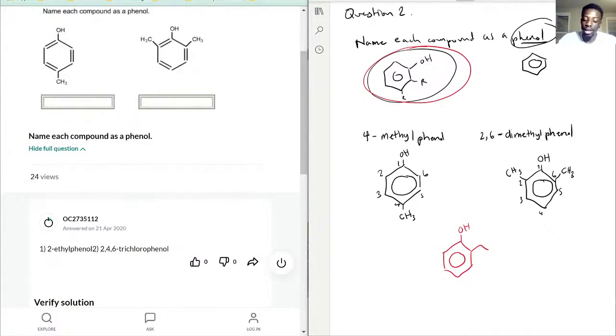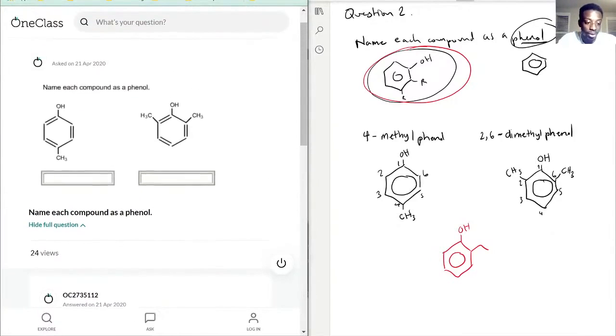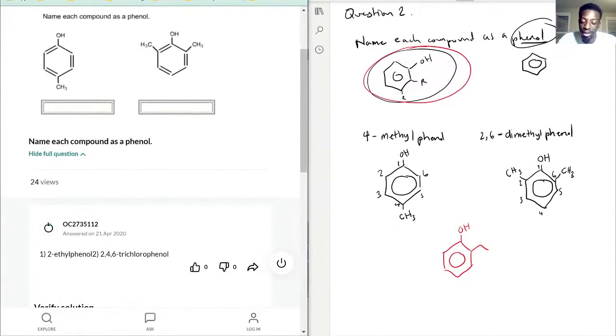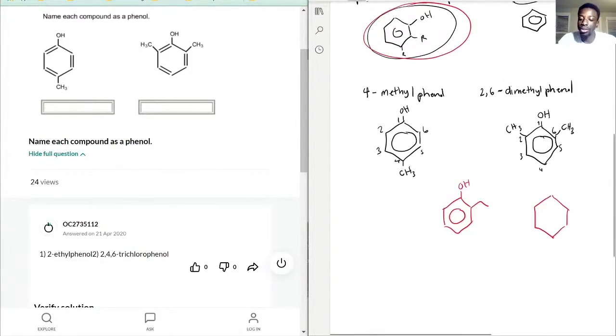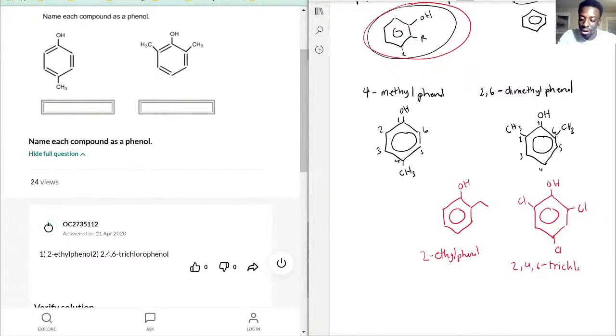And for the second one, 2,4,6-trichlorophenol, there's a possibility that they may be seeing different compounds than we see, but for your reference, if you want to take a screenshot, I'll also write down the names right under it so you can keep track. If it was 2,4,6, as we said, and chloro means chlorine only, that's what it would look like. So this is 2-ethylphenol and 2,4,6-trichlorophenol.